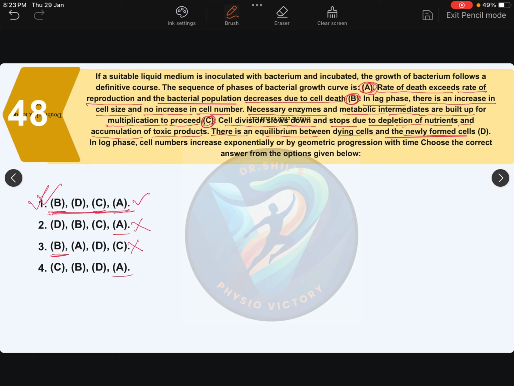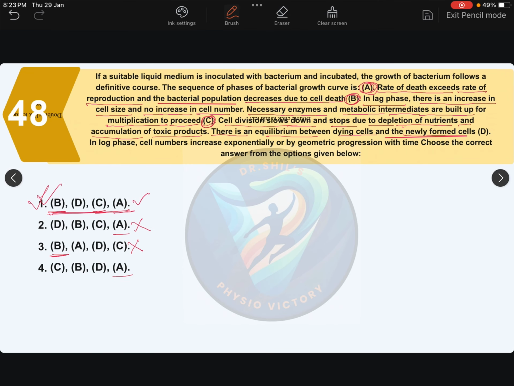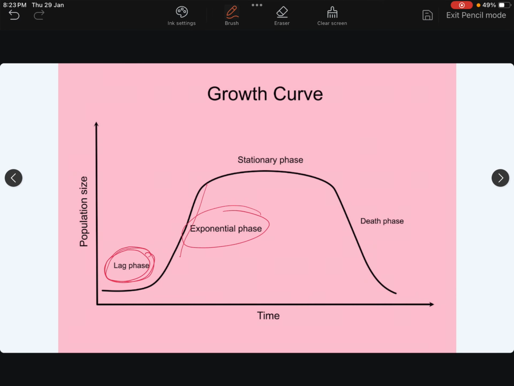अभी हम इमेज से ये समझेंगे. सबसे पहले होता है लैग फेज, उसके बाद आता है एक्सपोनेंशियल फेज जो कि यहाँ पे एकदम लास्ट में बोला गया है डी में. In log phase cell numbers increase exponentially and by geometrical progression with time. ठीक है. जो कि ये है, इसे बोला जाता है लॉग फेज.